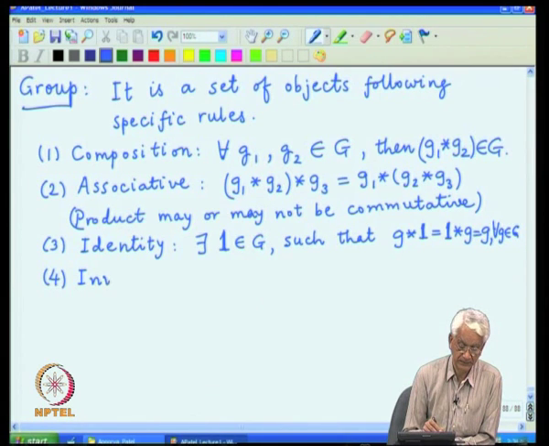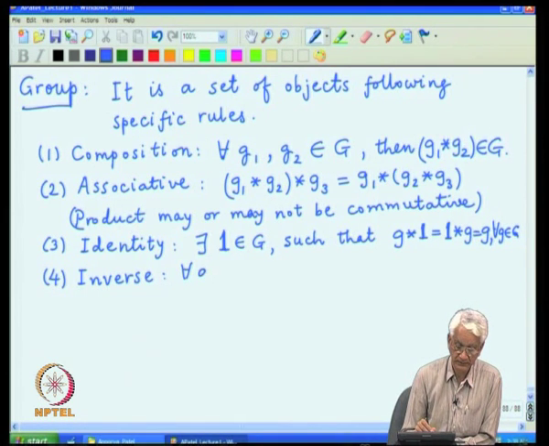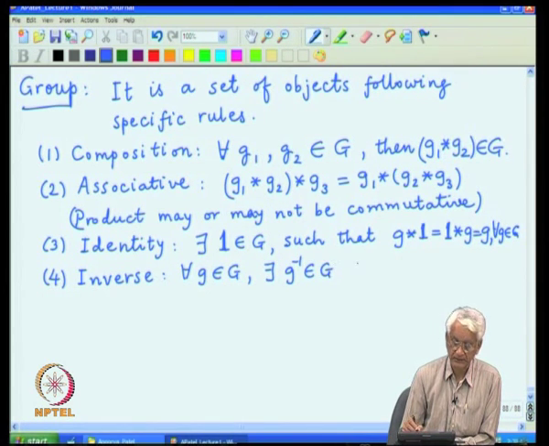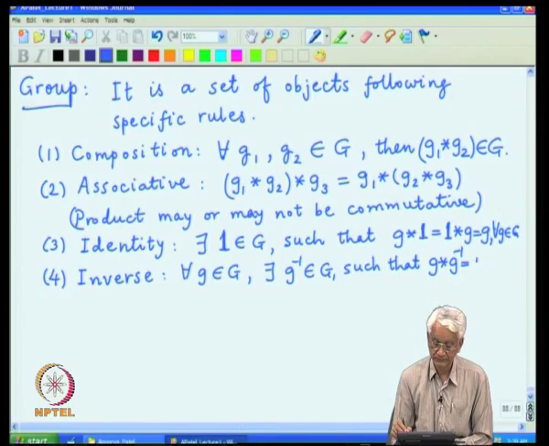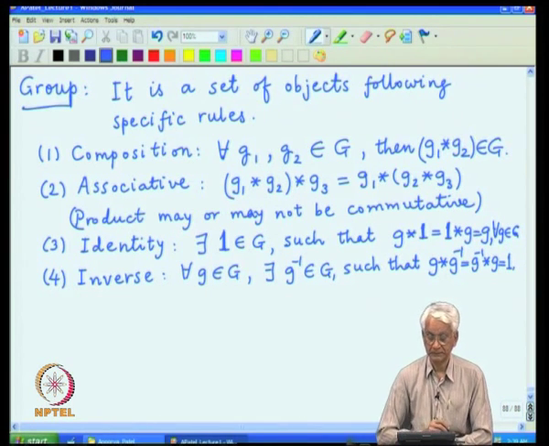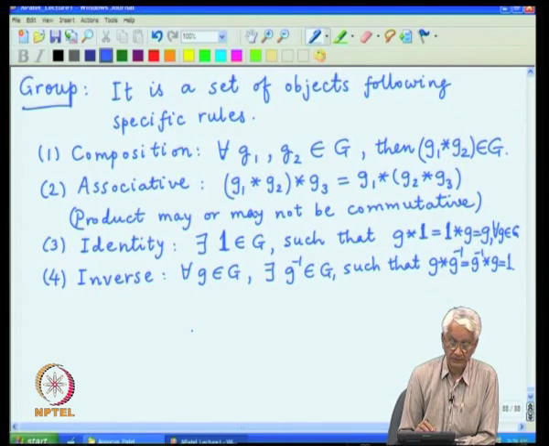And the last property in the list is an inverse, that for all elements of the group there exists an inverse element in the group as well, such that G combined with G inverse gives 1 in either order, and this set of properties is a complete specification of what is mathematically defined as a group.